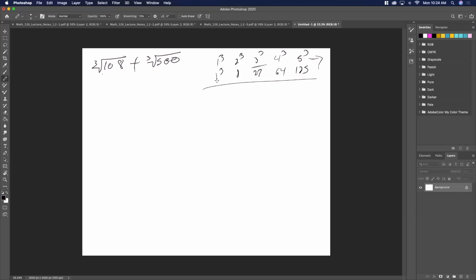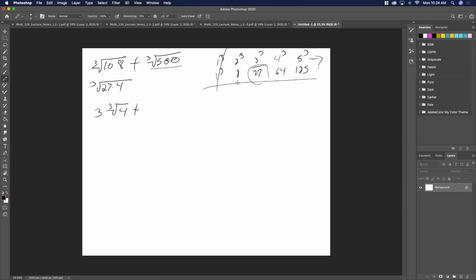Here, can I pull out, well, the 1 doesn't matter. 1 doesn't change anything. Is there an 8 here I can pull out safely? This divided by 8, and the answer is no, but it does divide by 27. And so here, if I divide this by 27, I get 4. So I have the cubic root of 27 times 4, which is equal to 3 times the cubic root of 4. Okay. Now let's do this one. Is there an 8 here?